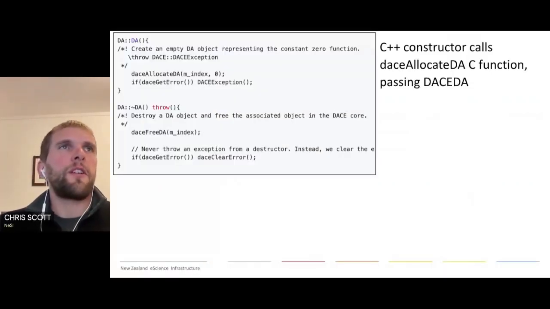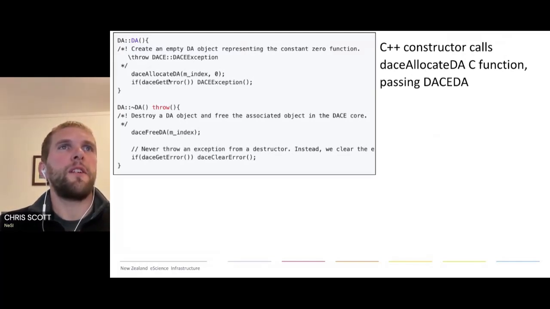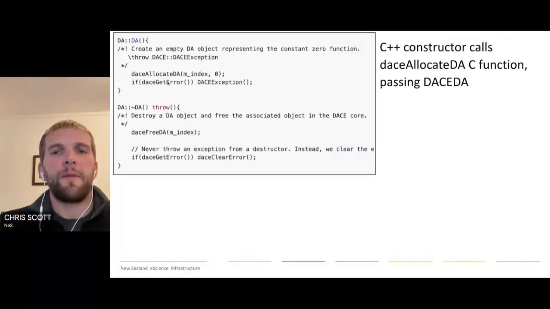And just quickly looking at how we actually create the DA object. In C++, we have a constructor, which is just the default constructor, which creates an empty DA object. And in this constructor, we've got a call into the underlying C core of DACE, to this function called dacecreate allocate DA. It just takes two arguments. One is the mindex variable that we saw in the previous slide, and then we're also passing in 0.